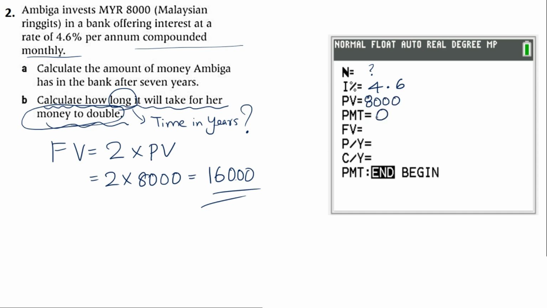Now when you enter the values for FV and PV for calculating any other missing variable, be sure that either one of them is kept as negative.